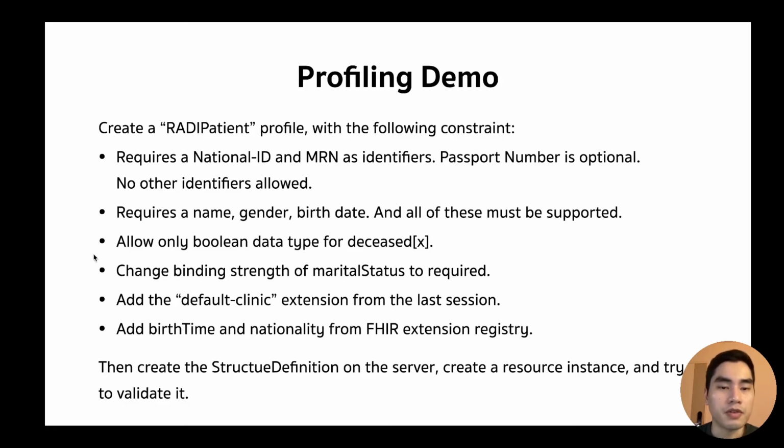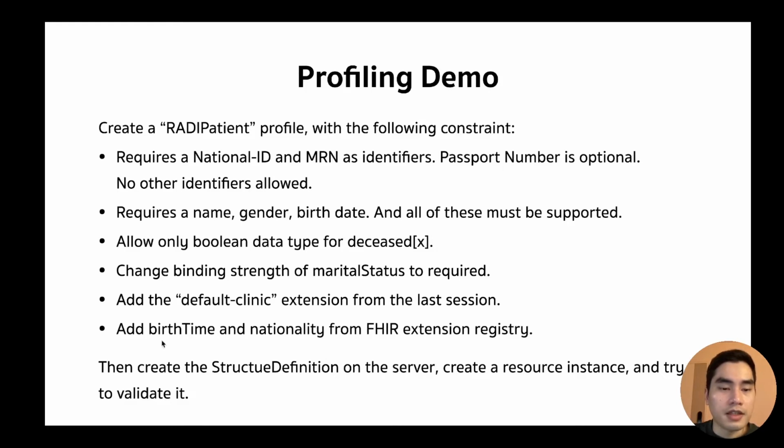We will limit the data type of disease element, and we will change the binding strength, and we will add the default clinic extension from our last session, and we will also add birth time and nationality from the FHIR extension registry.